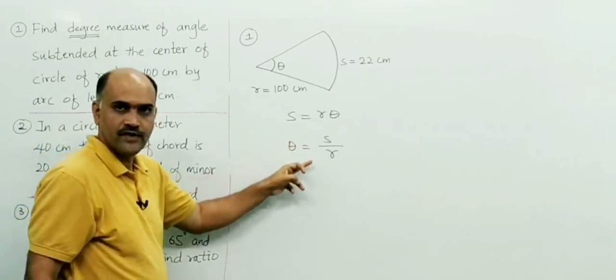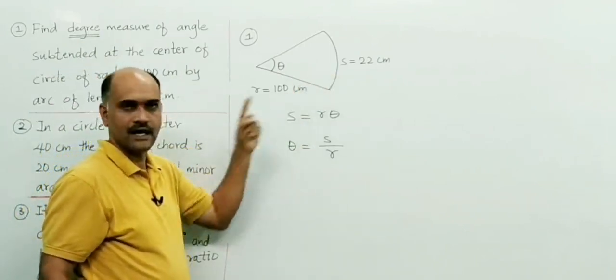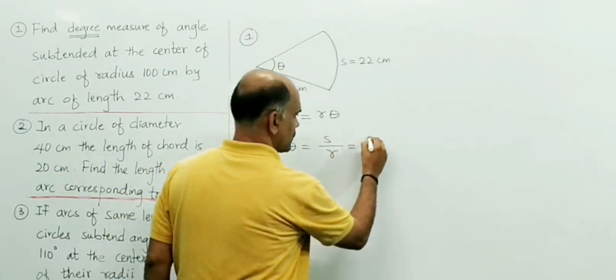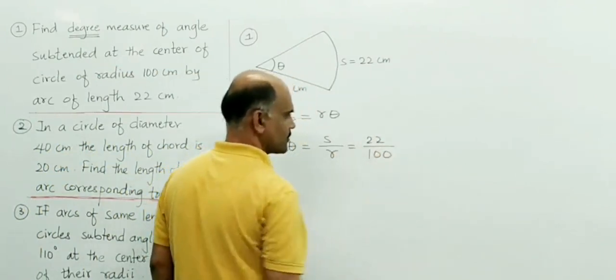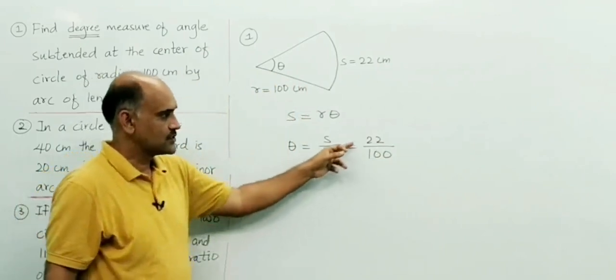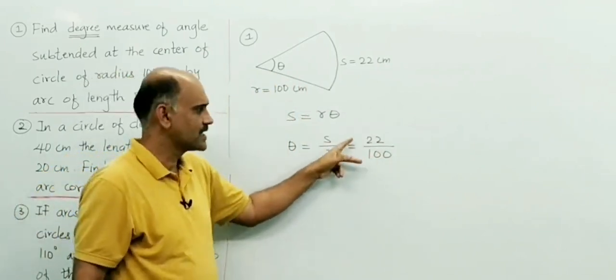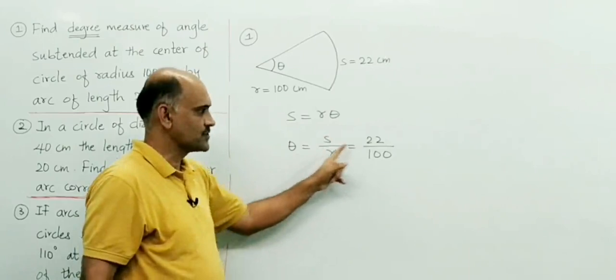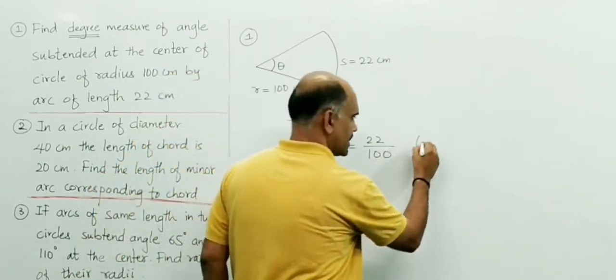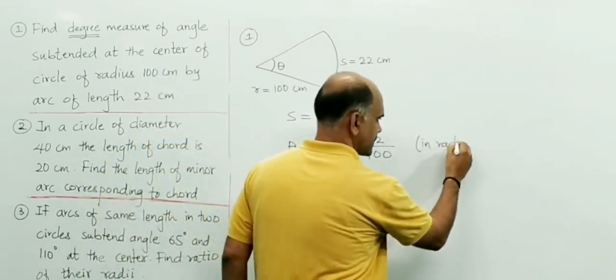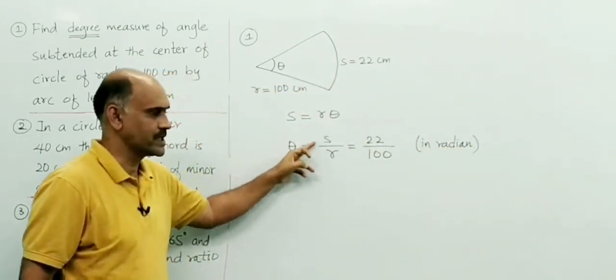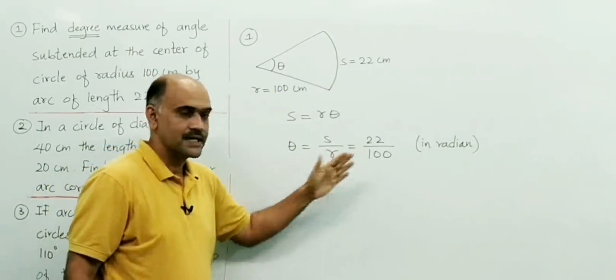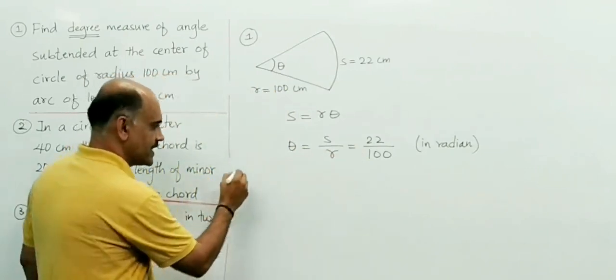First, if I substitute S and R here, S is 22 divided by 100, 22 by 100. You can simplify this, else I will keep it as it is. This theta I am getting in radian, that is theta is equal to S by R. But he has asked us to find it in degree.